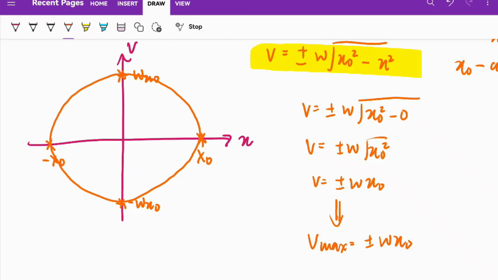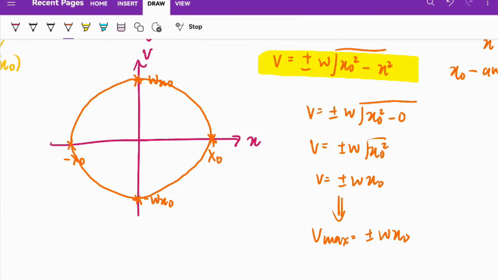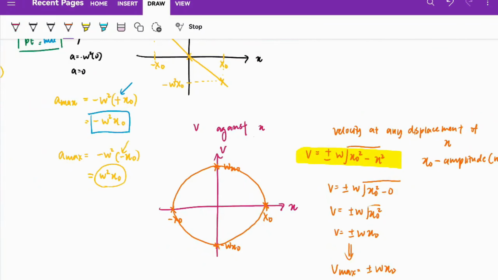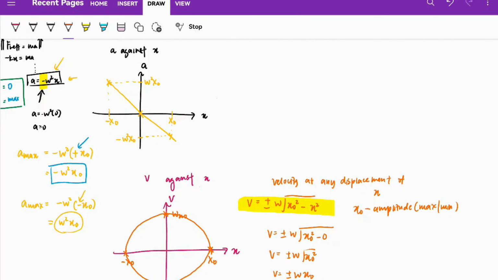Okay, something like that. You will basically get something like an egg figure, the graph of velocity against X. So yeah, this is how your velocity against X looks like. Looks like an egg, and your acceleration against X looks basically like a straight line.